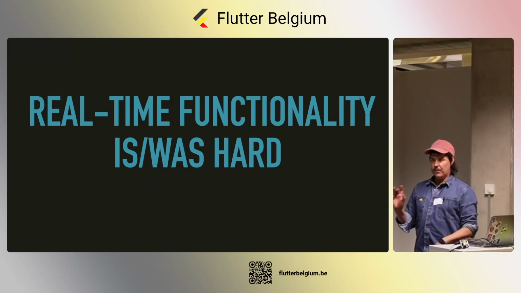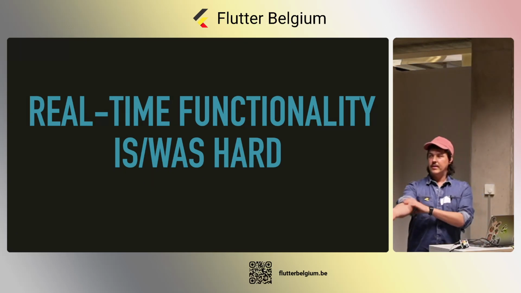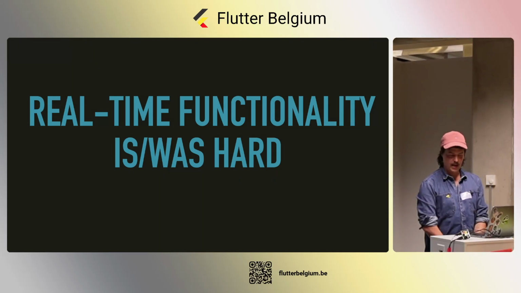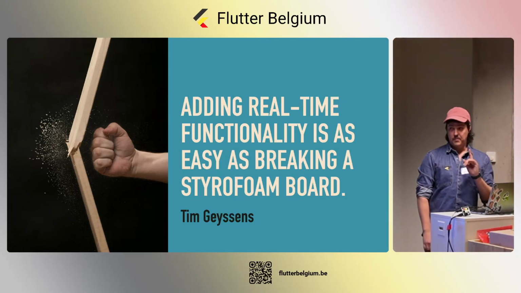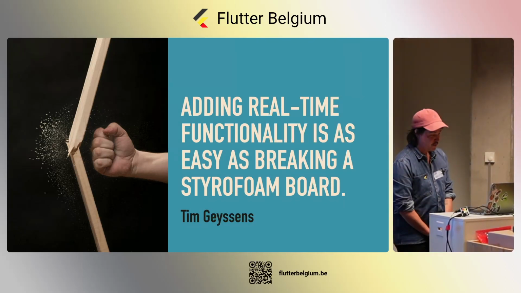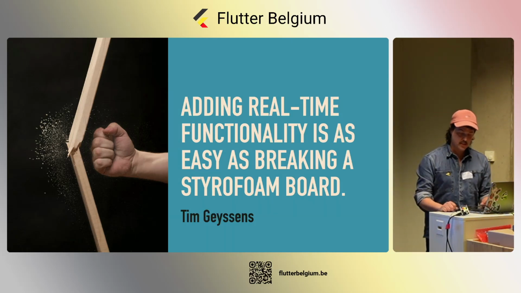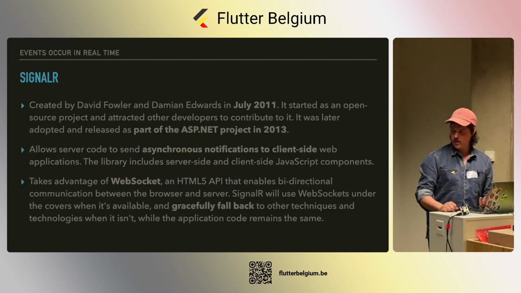Something that was always really hard was adding real-time functionality to an application. But now, after today, you'll know that adding real-time functionality is as easy as punching through a styrofoam board. Meet SignalR.